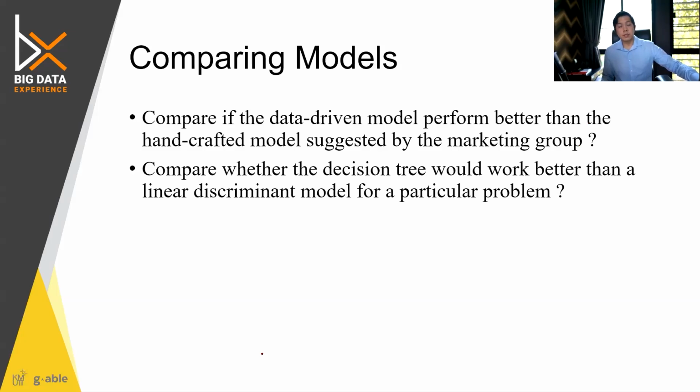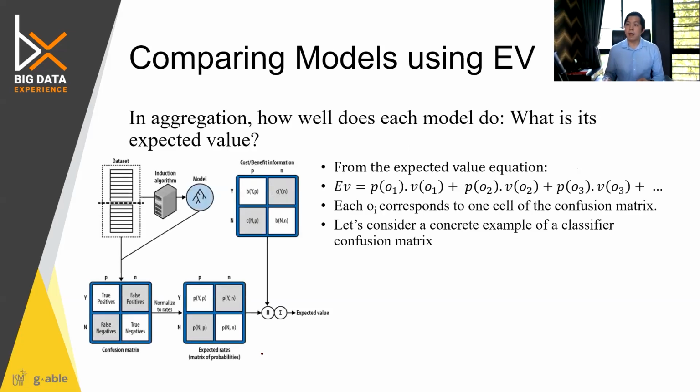And you can use this as well to compare models, to see which model is better than which, by looking at the confusion matrix. We can use EV to do that. So from training the model and then testing the model, we got this confusion matrix, the one that we got earlier. And from this confusion matrix, we can convert it into this one.